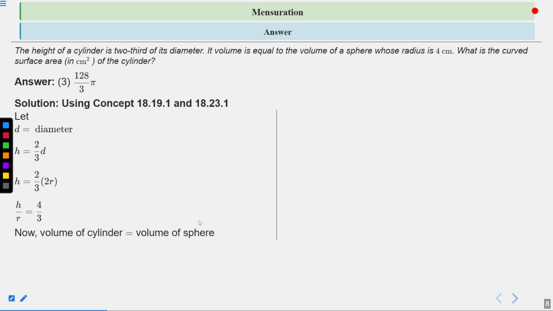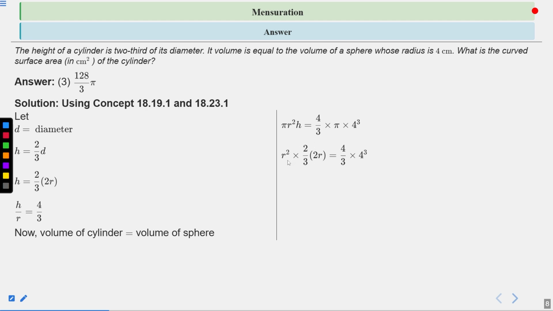Now the volume of the cylinder is equal to the volume of the sphere. It is given in the question. So we can say that pi r square h equals 4 by 3 into pi into 4 cube, because the radius is given, which is 4. We put the value of the height as 2 by 3 of 2r.